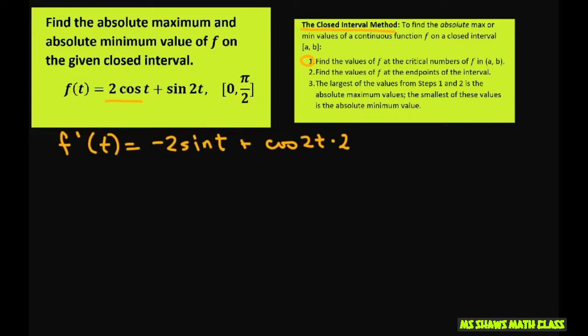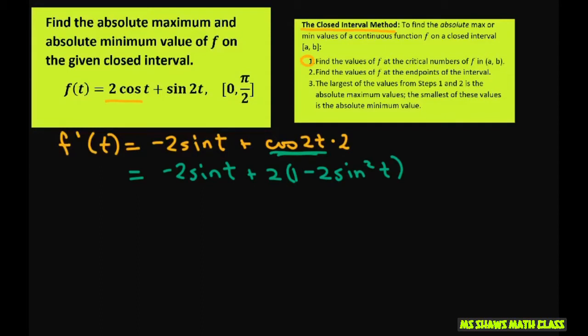I want to write everything in terms of sine. So this is going to equal negative 2 sine of t. And I'm going to write this with my double angle. So I'm going to bring the 2 up front and write this in terms of sine using my double angle identity, which is 1 minus 2 sine squared of t.